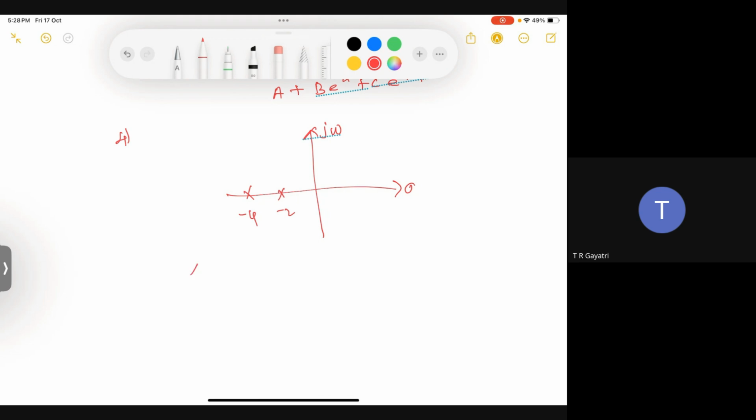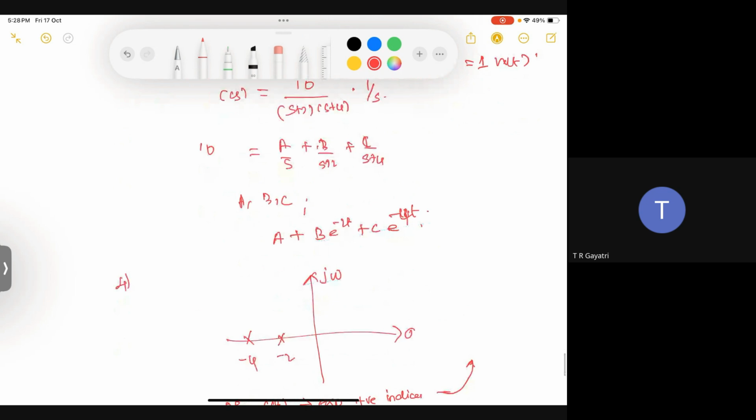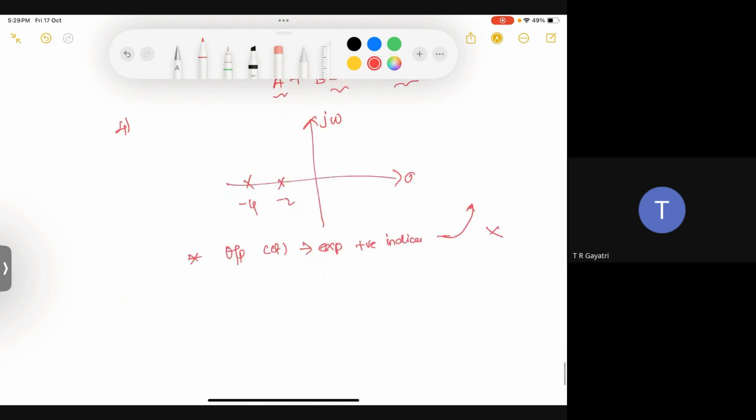The first option says the output response C of t will contain an exponential term with positive indices, so an unstable system. But we don't find any positive indices here. This is constant, and these are negative exponentials. So this statement will not be true. A is a wrong statement.